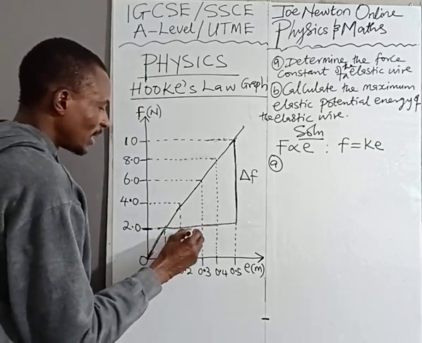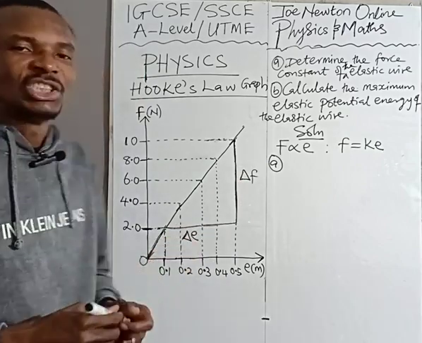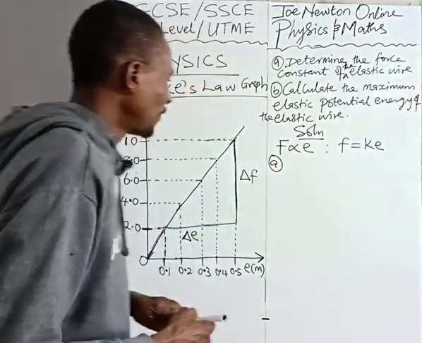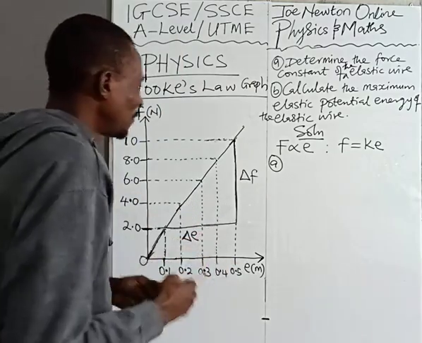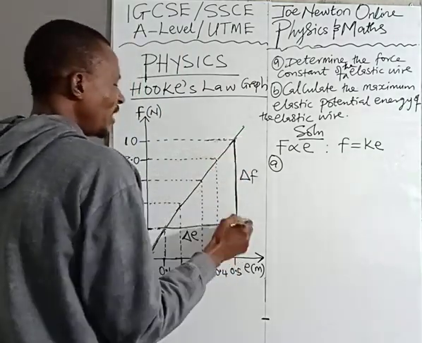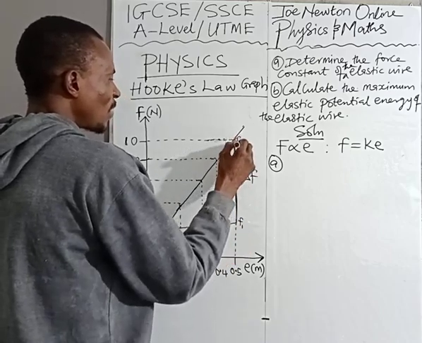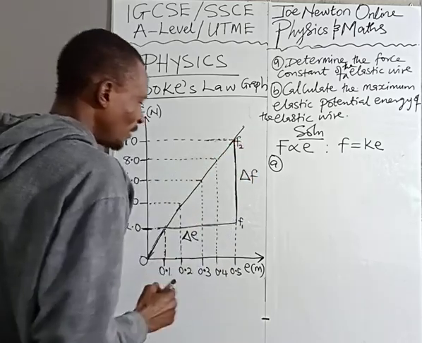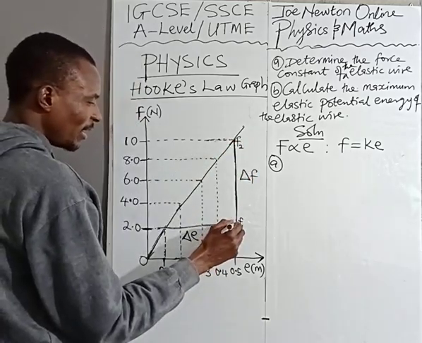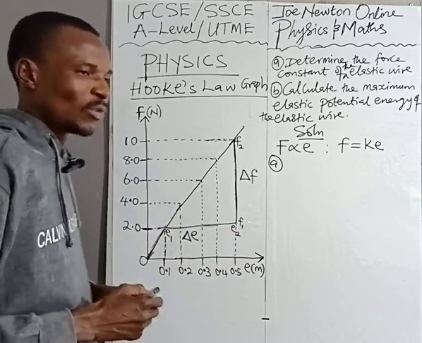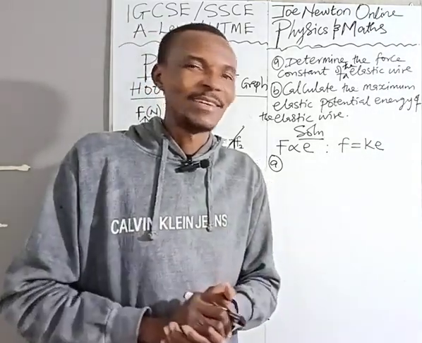Here is delta E, which means the change on the extension axis. To make it simpler, let me call here F1 and here F2, and let me call here E2 and here E1, to make it simpler for your understanding.